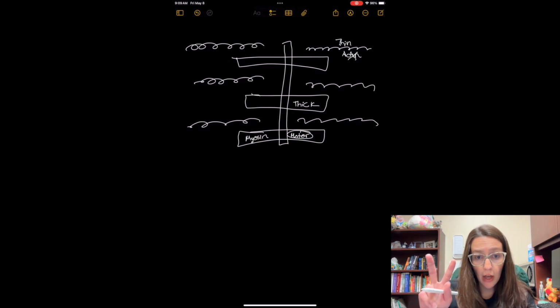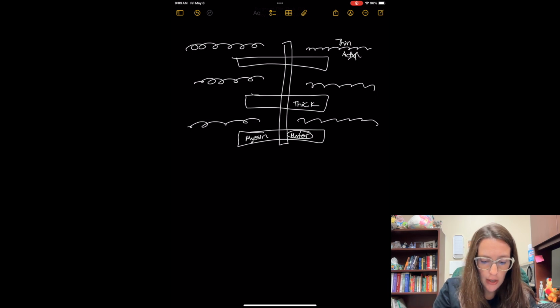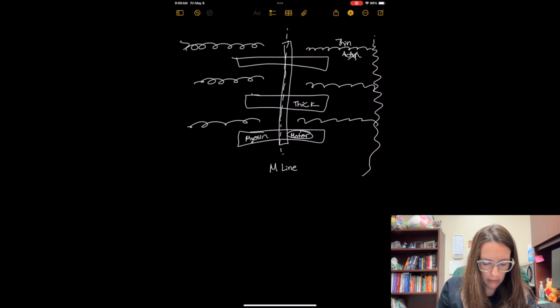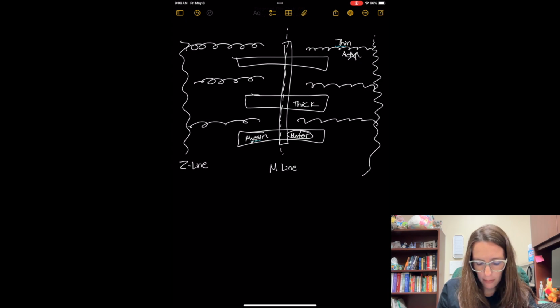So we have two lines that we need to establish. In the center here, we have the middle, or the M line, okay? And on the ends, we have the Z line. So think M for middle, Z for end of the alphabet.